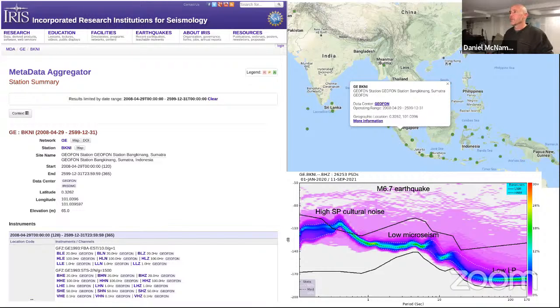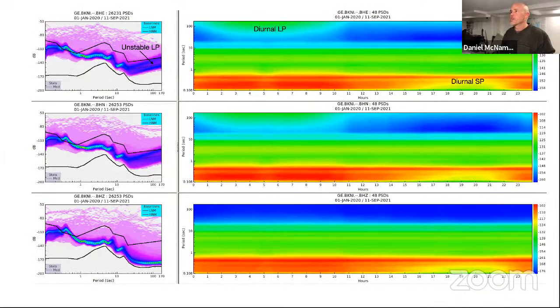Okay, moving forward again, here are some diurnal plots where I've binned everything by hour of the day. Again, you can see this very strong diurnal variation in the long period horizontals. No variation at all in the vertical.